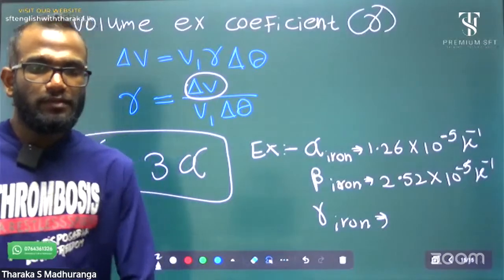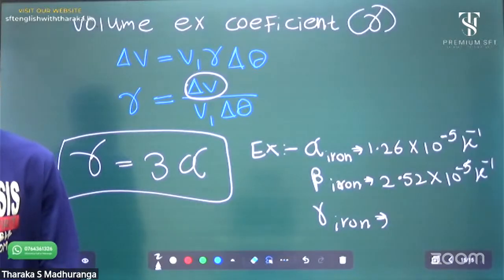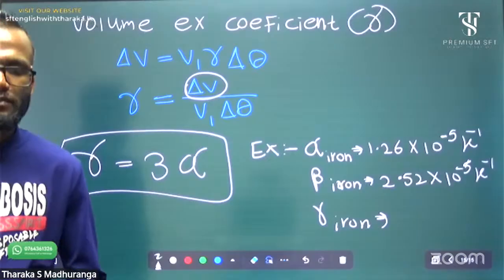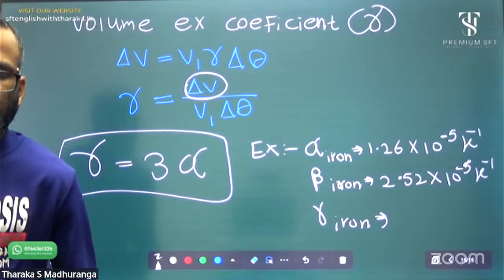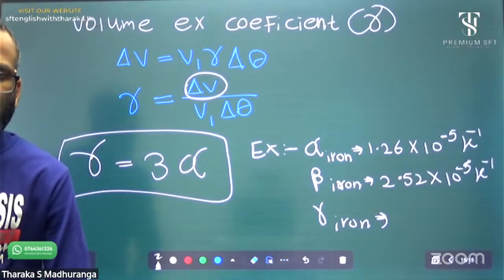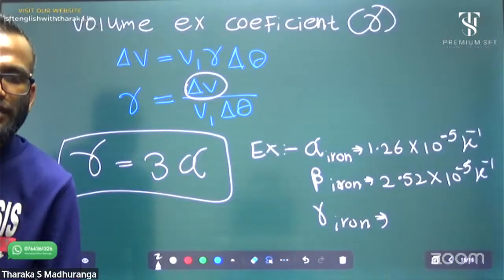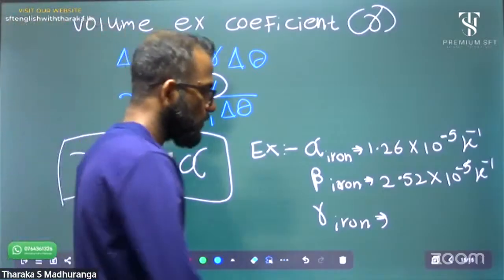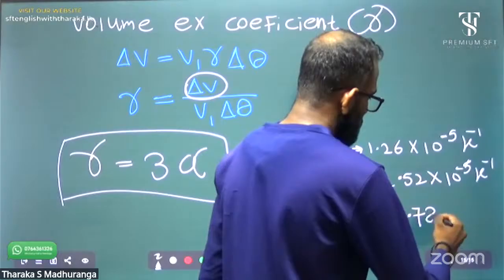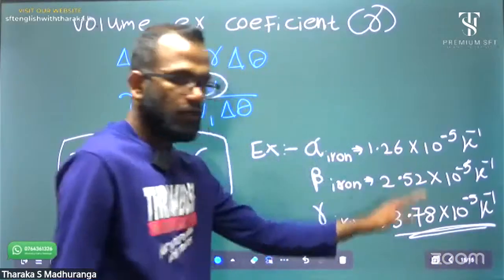Gamma of iron is 3.78, great, 3.78 times 10 to the power minus 5 per Kelvin. Write this down.